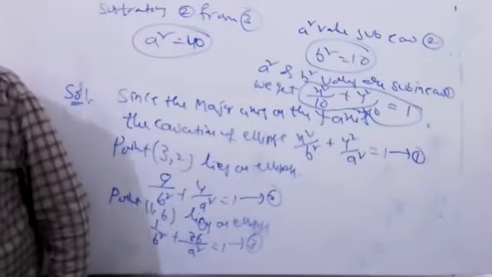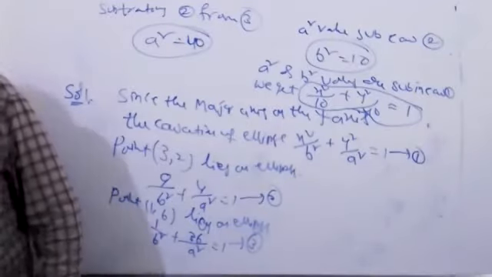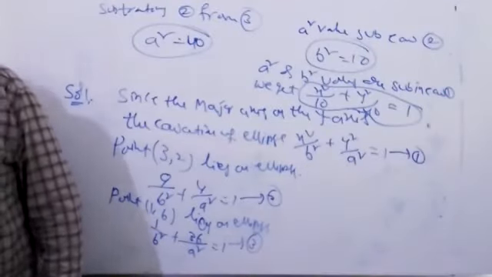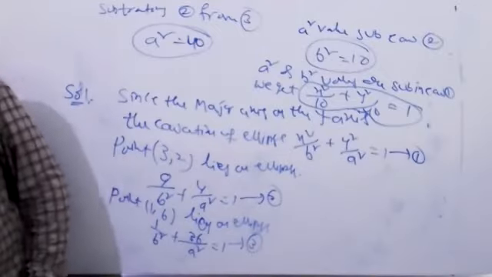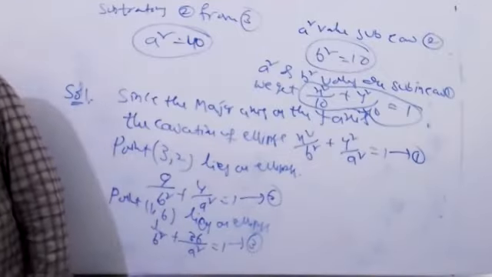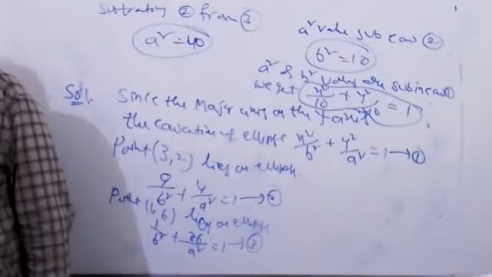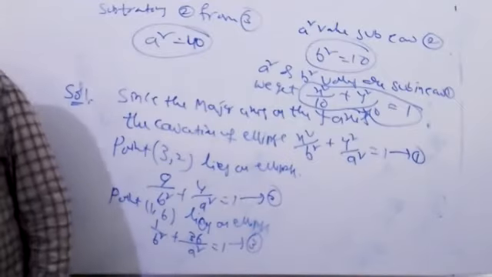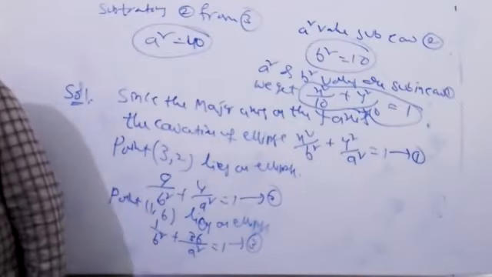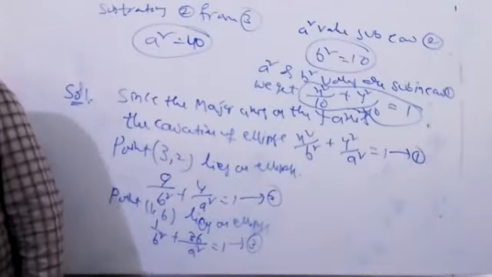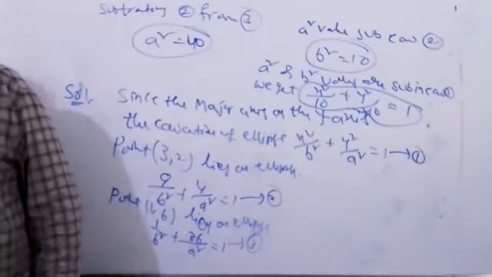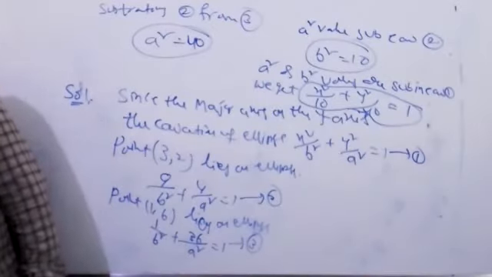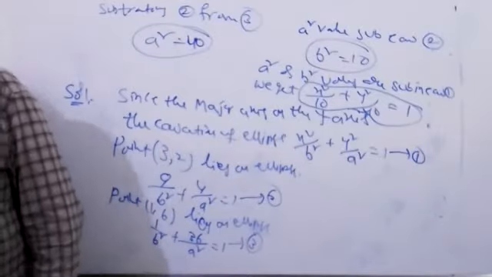Find the equation of the ellipse if the center is at 0, 0, major axis on the y-axis, and passing through the points 3, 2 and 1, 6.